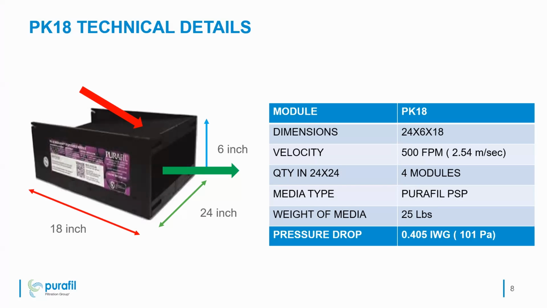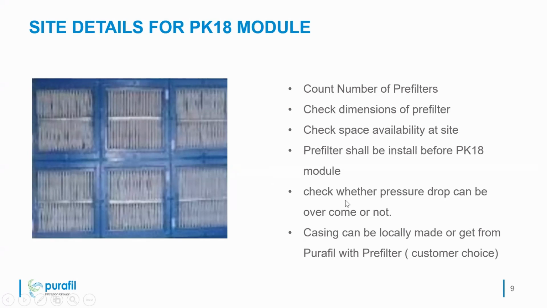So for 10 pre-filters, I require 40 modules. Because for each 24 by 24, I have to install 4 modules. For 10 filters, I will be installing 40 modules. Is it clear now? Yes. Okay.